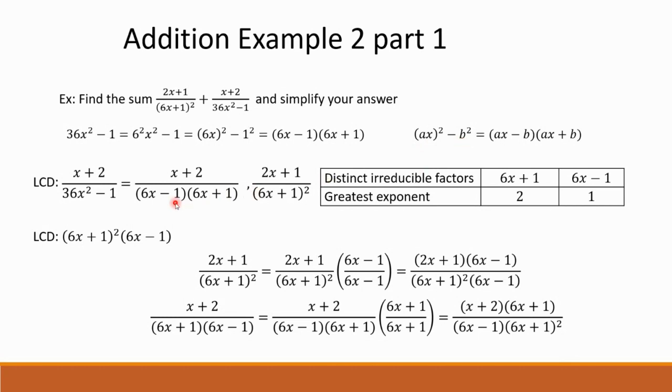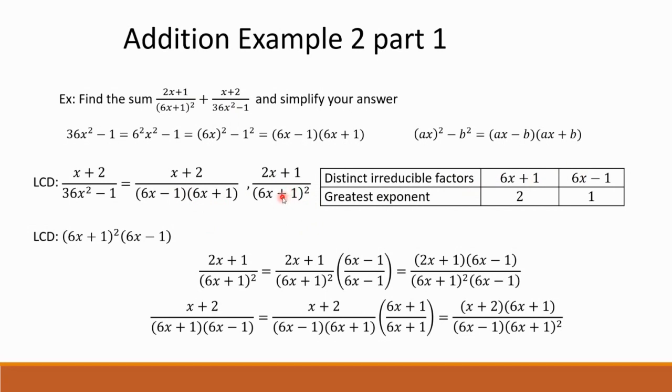So now to get the LCD, we have the first rational expression with the denominator factored, right? This one's already factored. So what are the irreducible factors here? Well, we have 6x minus 1, right? And 6x plus 1, so we write those.